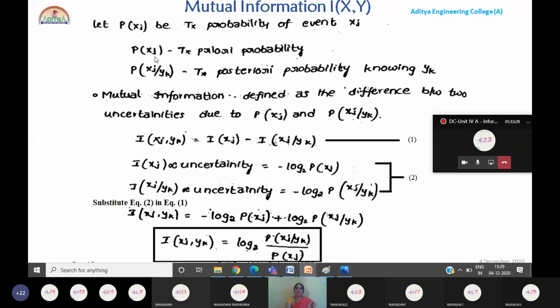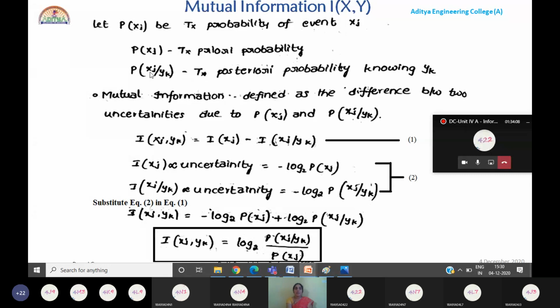Here we don't have any information about the received data. So without knowing the information of received data at yk, if you are defining the probability of transmitted events, that is called the priori probability of the transmitted events. So p of xj is the priori probability of the transmitter events.